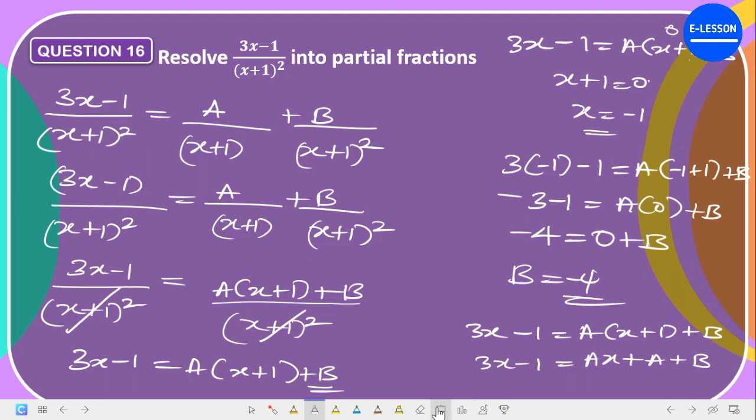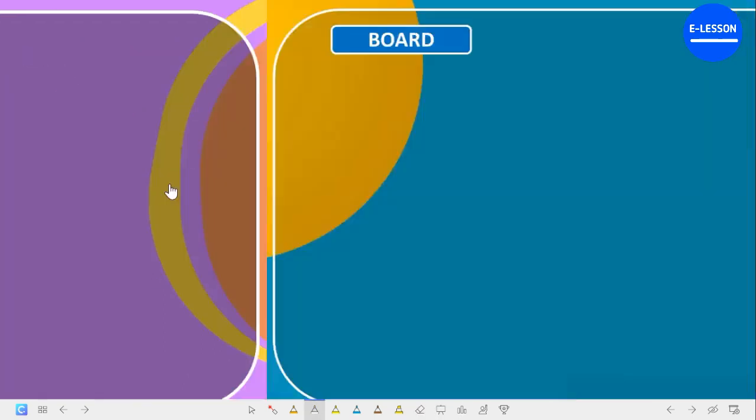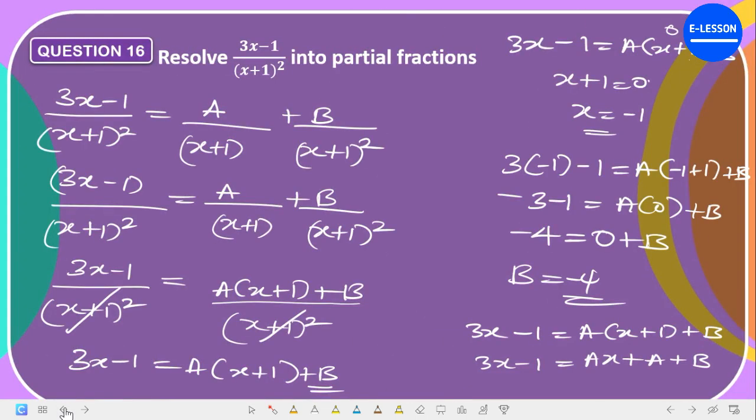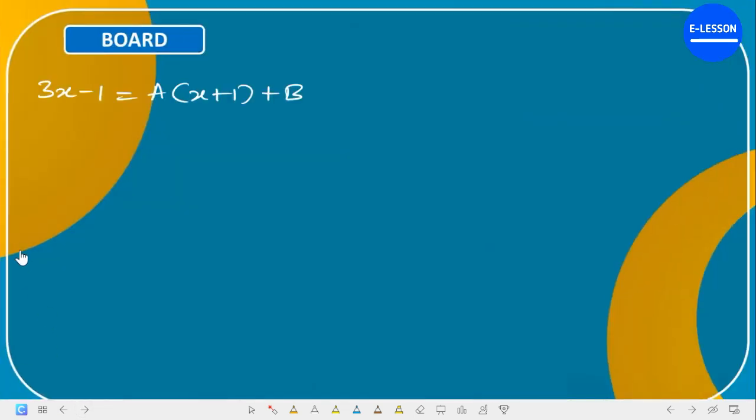So if I may write this again in another part of the board, we have 3S minus 1 is equal to A bracket S plus 1 plus B. Then opening the bracket, you have 3S minus 1 equals AS plus A plus B. Equate the AS, the one that carries S.